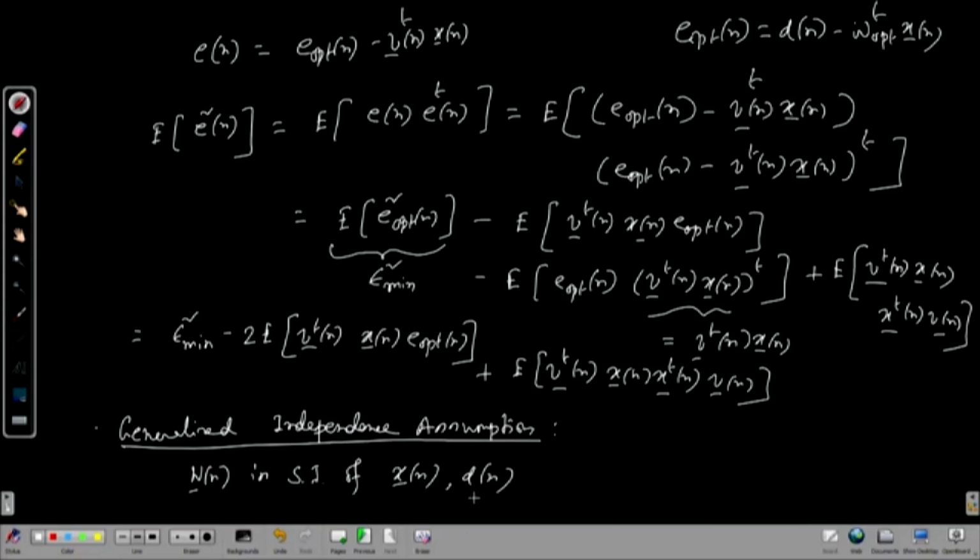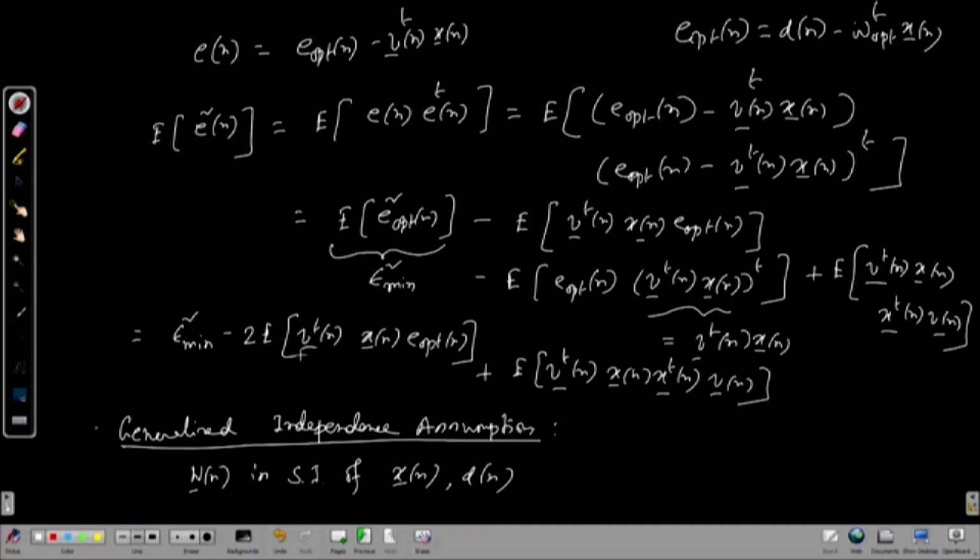Now you see E opt n depends on d n and on x n, while W is constant here. So E opt n is a function of x n and d n. Consider V n.